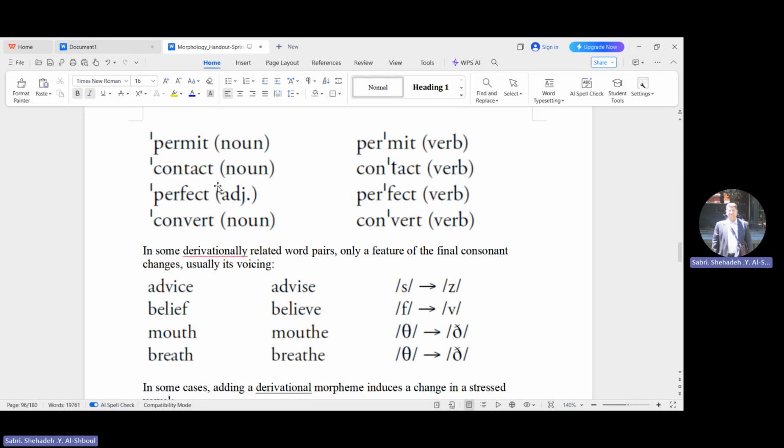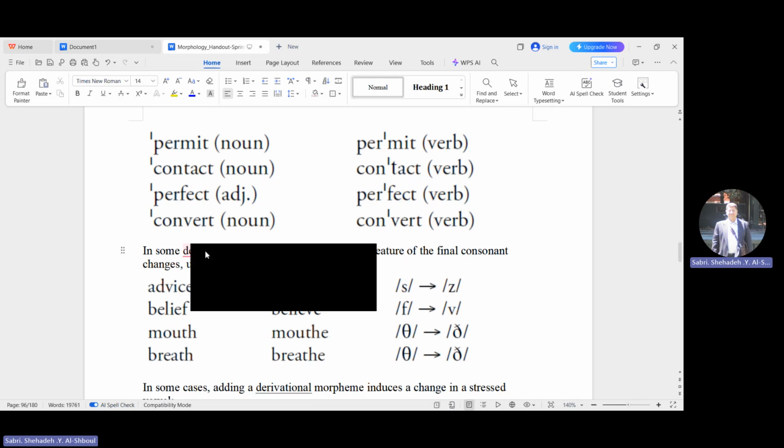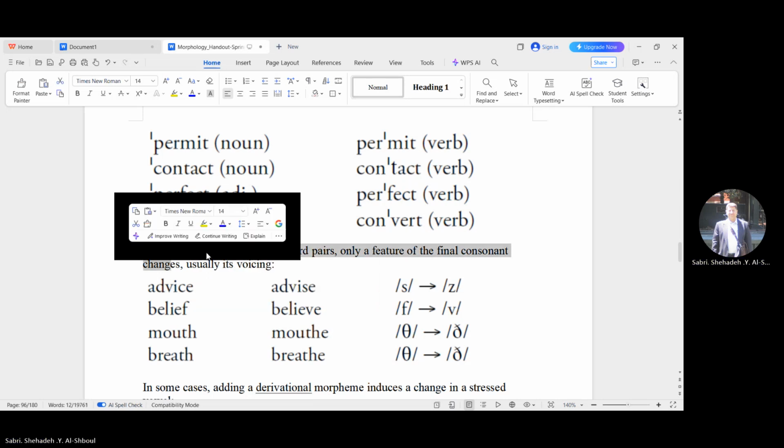In some derivationally related word pairs, there is only a feature to maintain and to create a good setting for derivation. Sometimes it is not derivational.